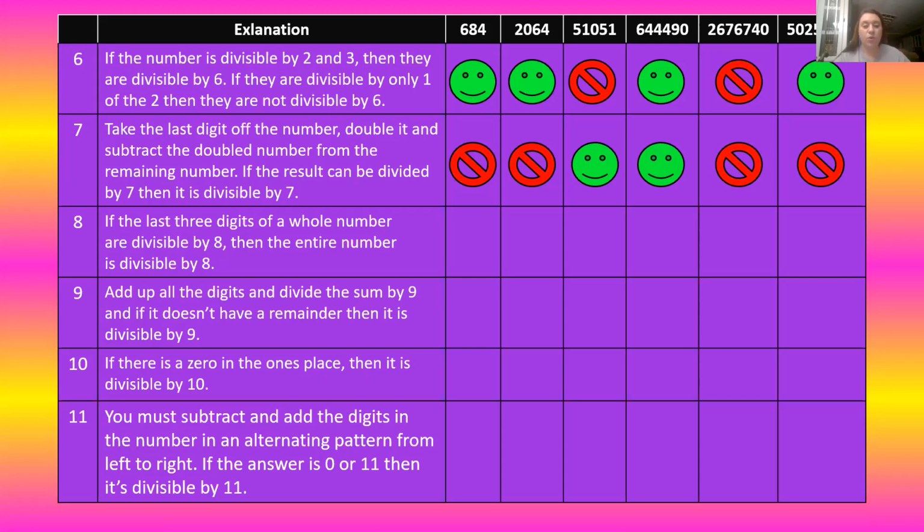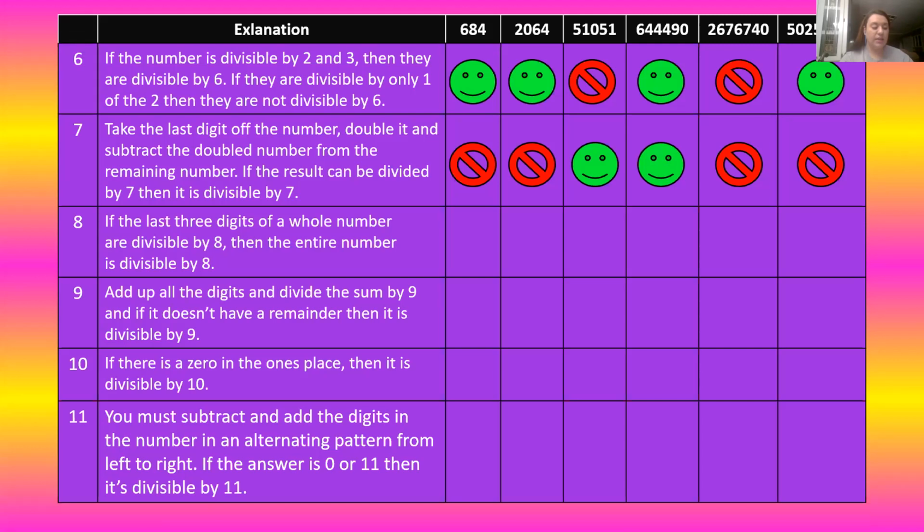Okay. Now, to test for 8. If the last 3 digits of a whole number are divisible by 8, then the entire number is divisible by 8. So what this means is you would really just calculate it out.